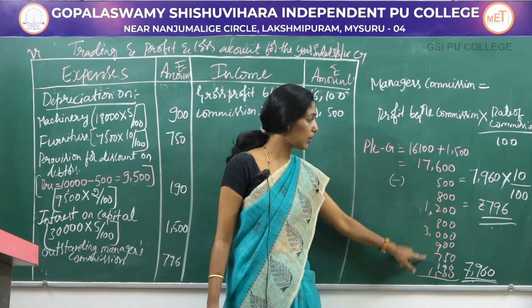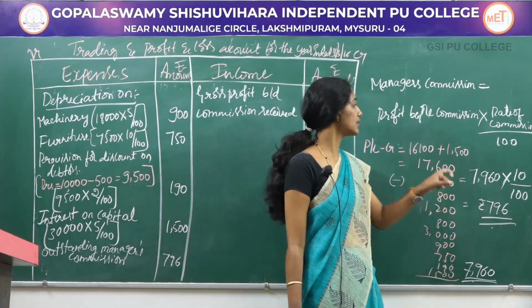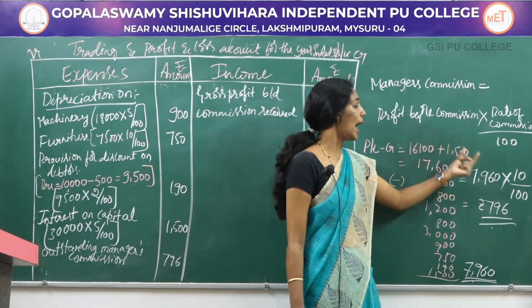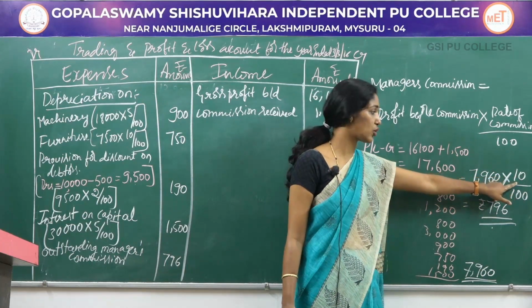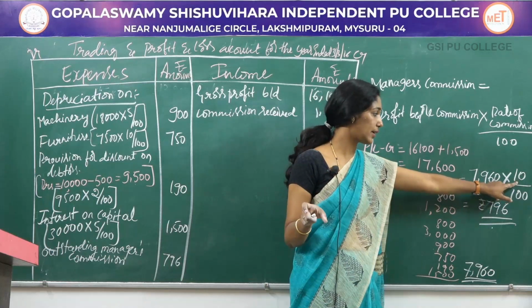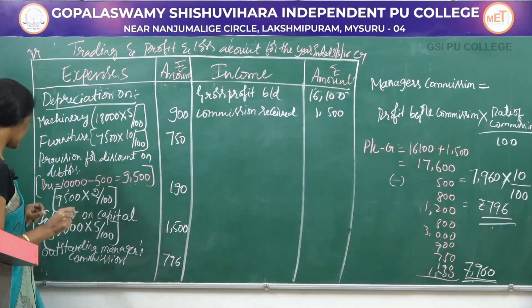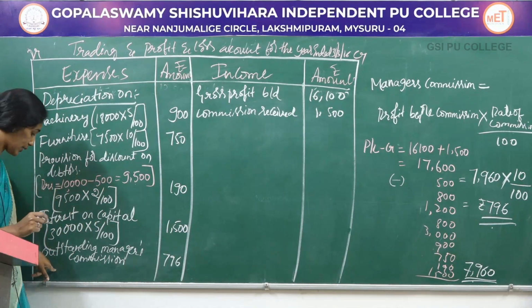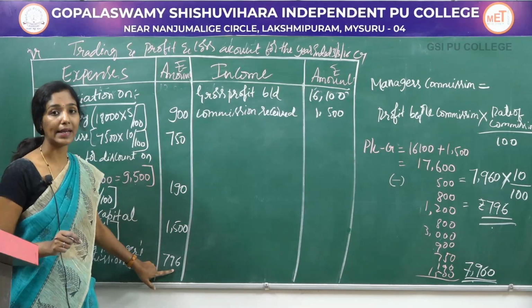When you deduct all these amounts from the 17,600, you will get 7,960. This is nothing but profit before commission, and apply this to the formula. 7,960 into rate of commission, it is given in your adjustment 10 divided by 100, you will get 796. This should be recorded on the debit side of the profit and loss account as outstanding manager's commission rupees 796.